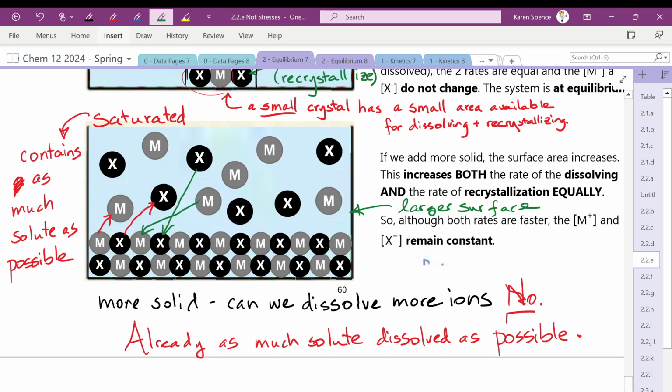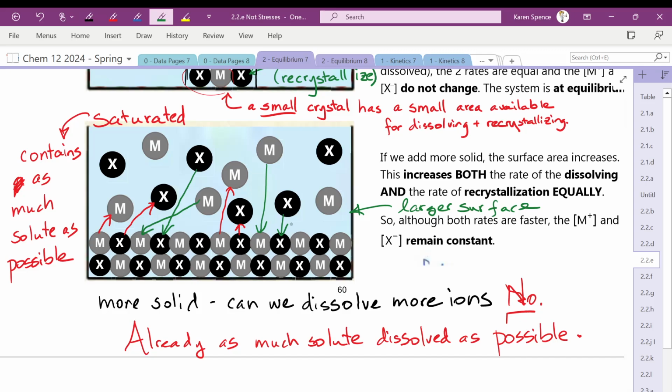So could I have this M coming off here and this X coming off here? Sure. But what would have to happen? I would have to have another one precipitate. Okay.